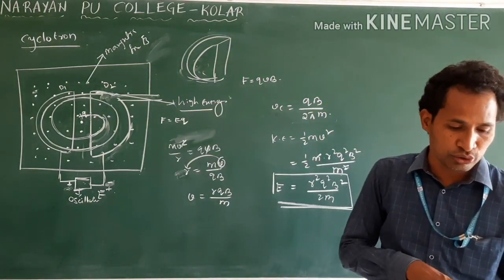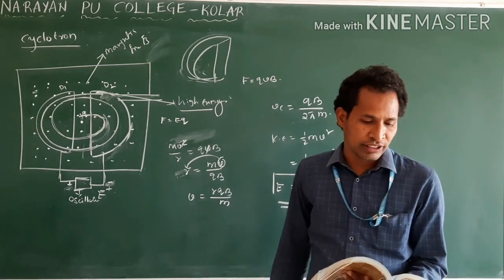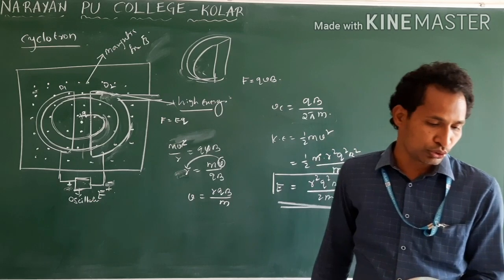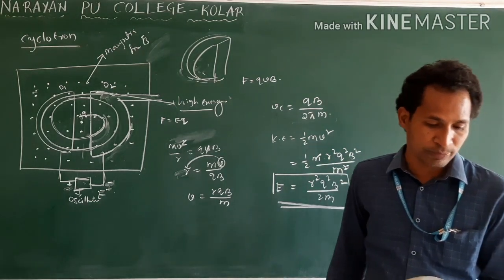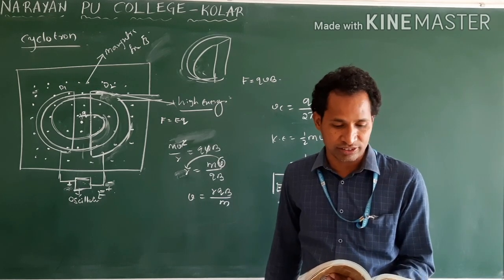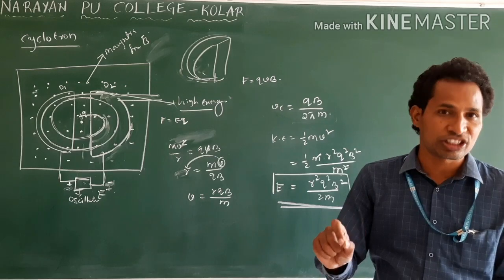Next, it is also used to implant ions into solids and modify their properties, even to synthesize new materials. It is used in hospitals to produce radioactive substances which can be used in diagnosis and treatment. In the answers, don't just write that the cyclotron is used in hospitals.